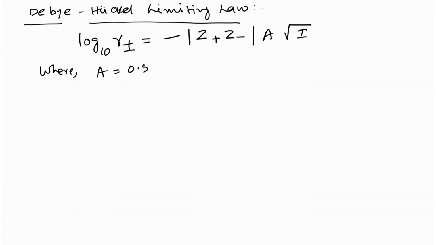The value of A is 0.509 for water at 298 Kelvin temperature.